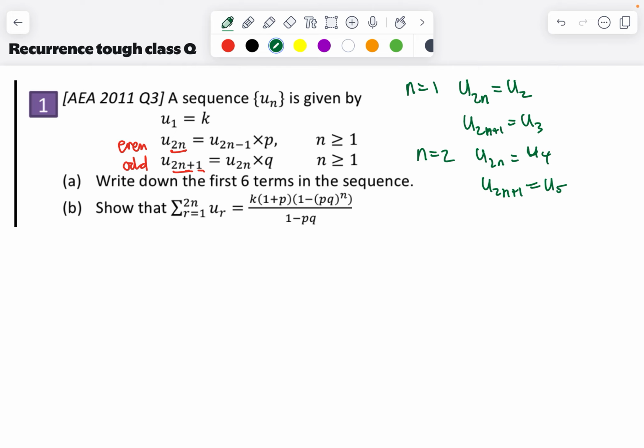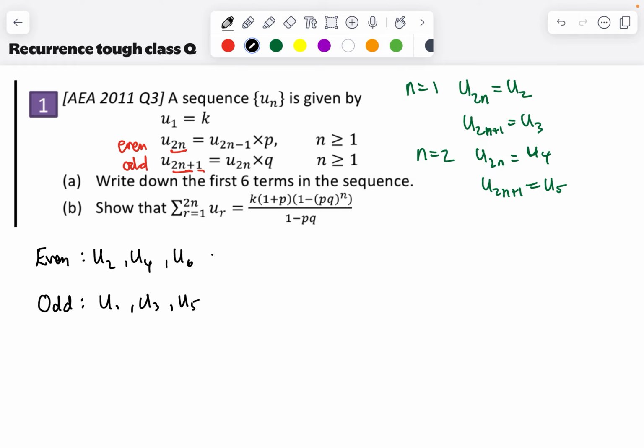So I'm going to end up with two separate sequences, an even sequence and an odd sequence. My even sequence is going to be u2, u4, and u6. My odd is going to be u1, u3, and u5.